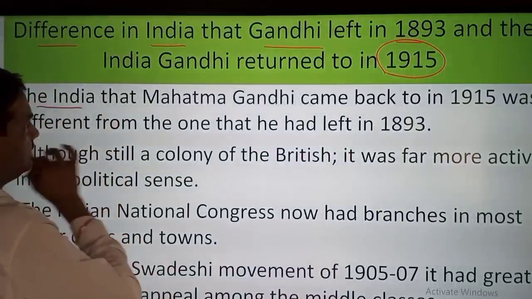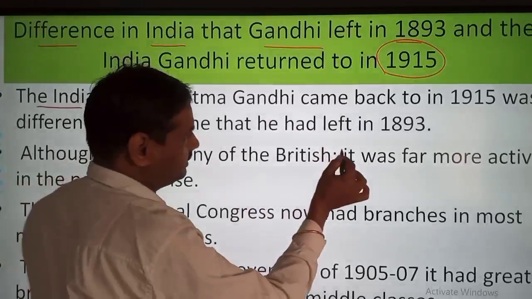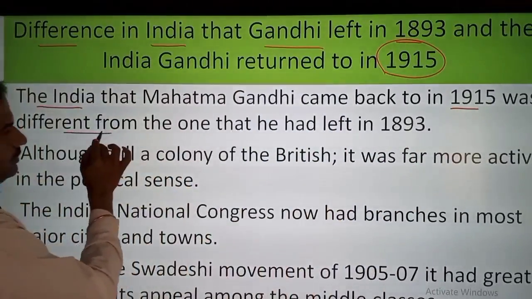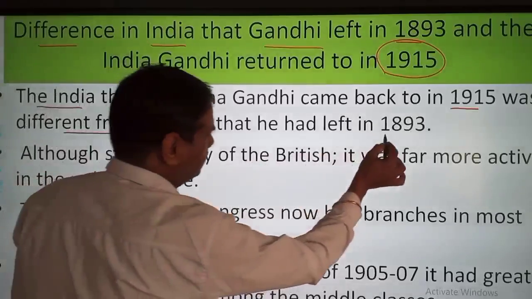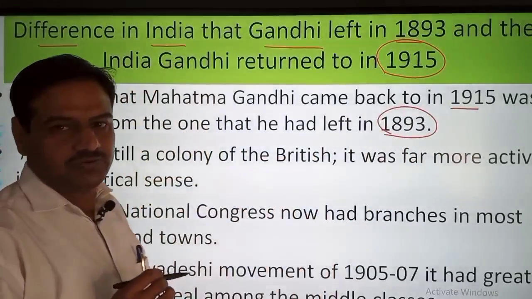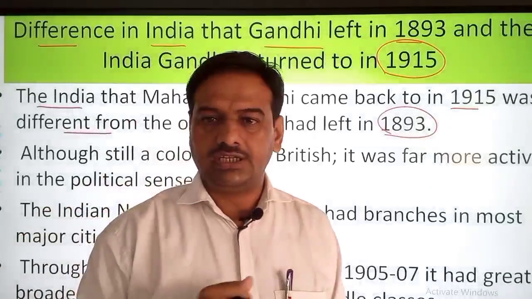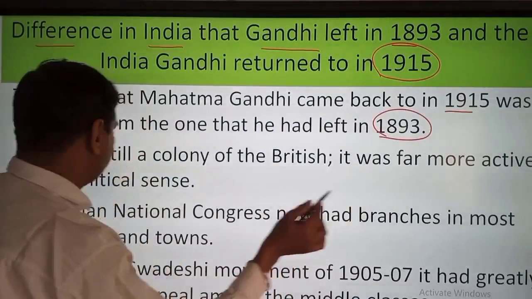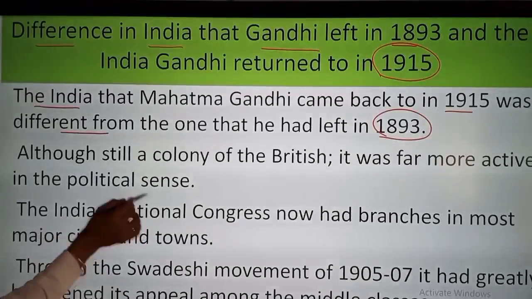The India that Mahatma Gandhi came back to in 1915 was different from that when he left in 1893. So after 20 years, a lot of changes took place in India. Although still a colony of the British, it was far more active in the political sense.